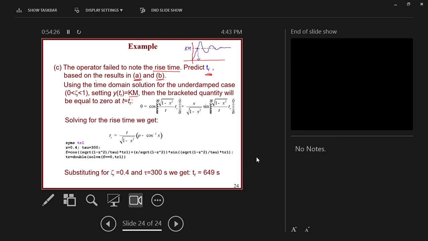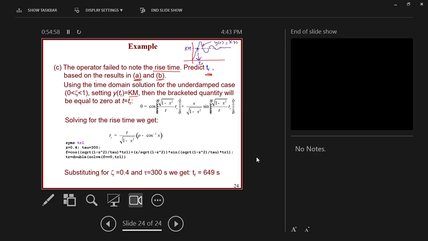This is the TR, which is the time the curve first hits or crosses the steady state. So that means if I know this y of t, and substitute the value of Km, because at this point its value is Km, the resulting time will be the TR.